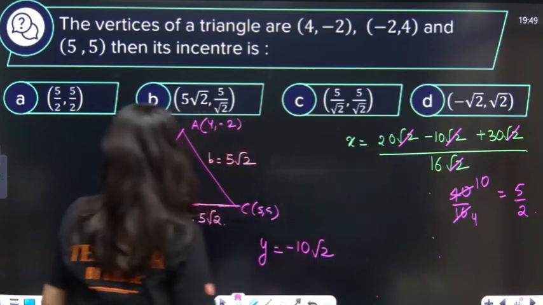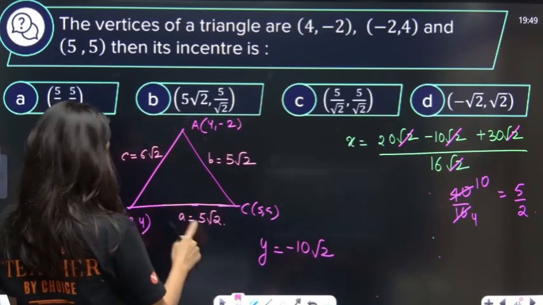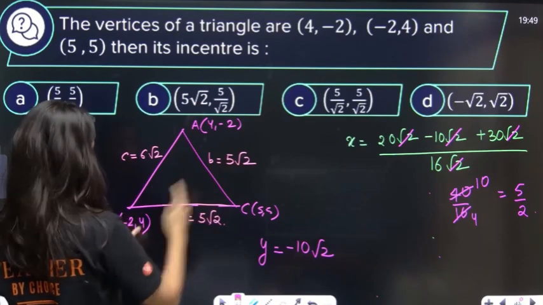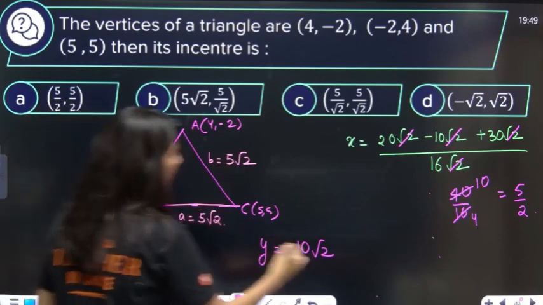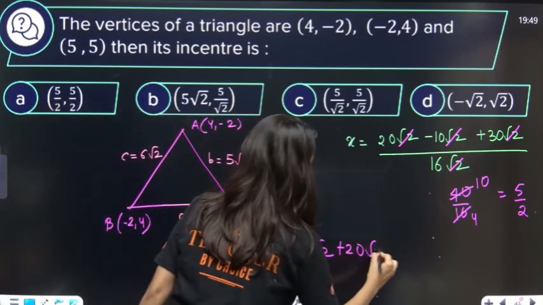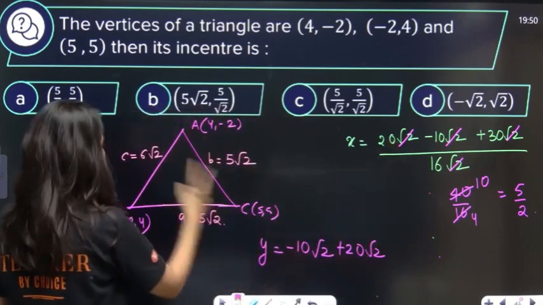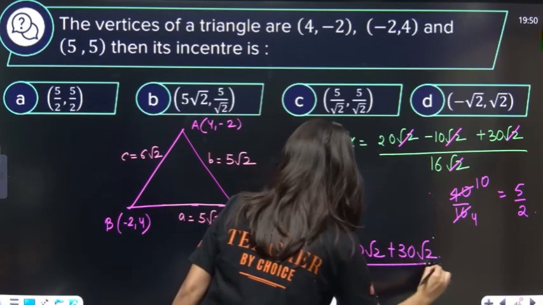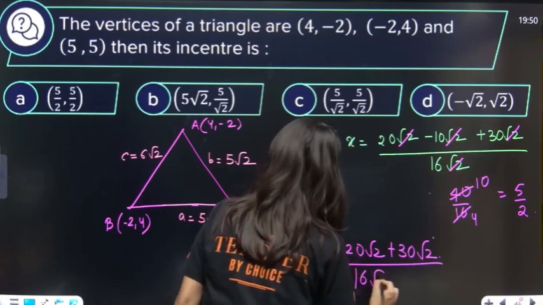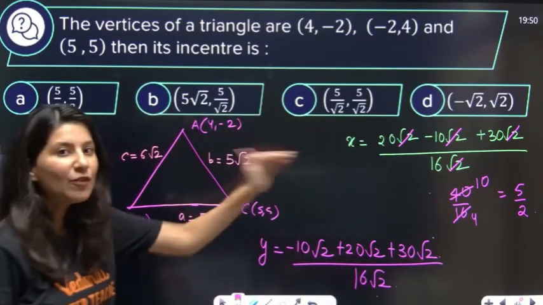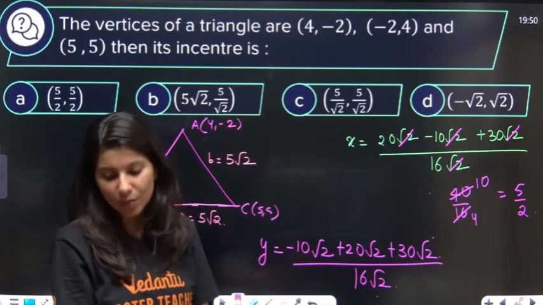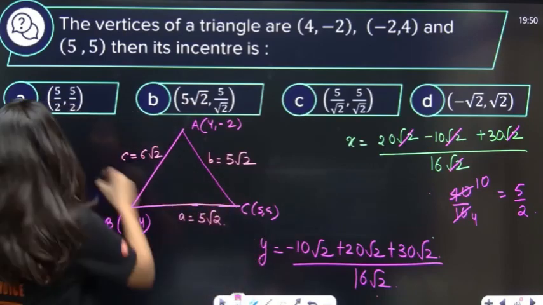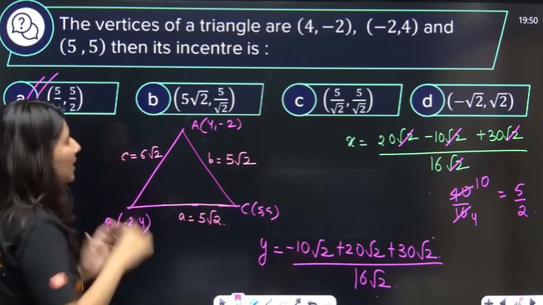Then you are having b, so minus 2 into this, 5 4s are 20, so 20 root 2. Can you see 20 root 2 also? And 5 6s are plus 30. Same calculation. If the calculation is same, a plus b plus c is again copy paste. The denominator for both the incenter coordinates is exactly copy paste anyway. So y is also no need to calculate. Option A is absolutely right.